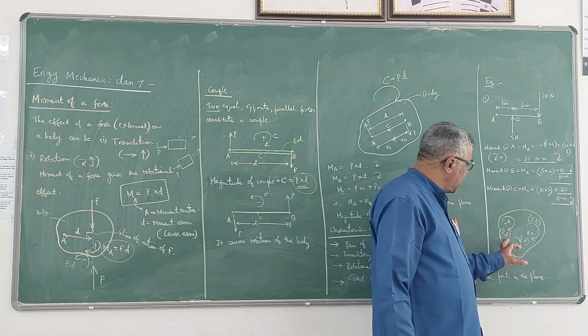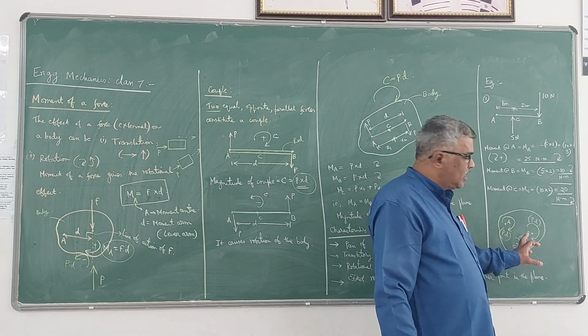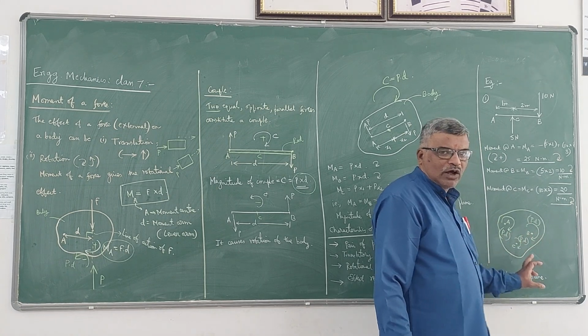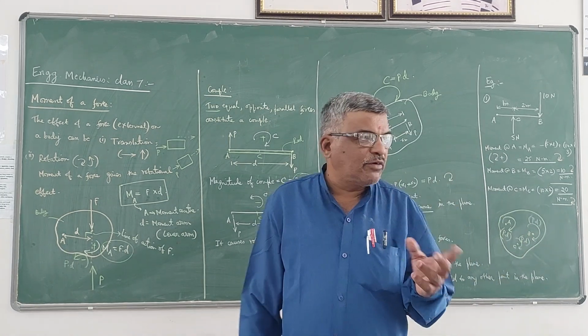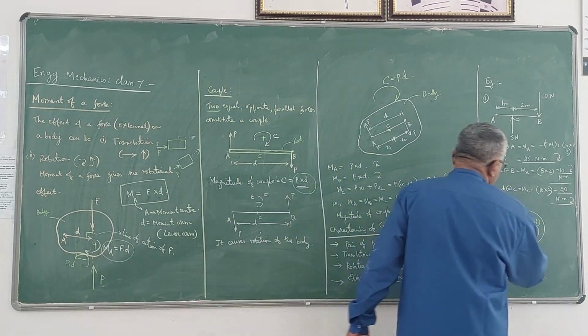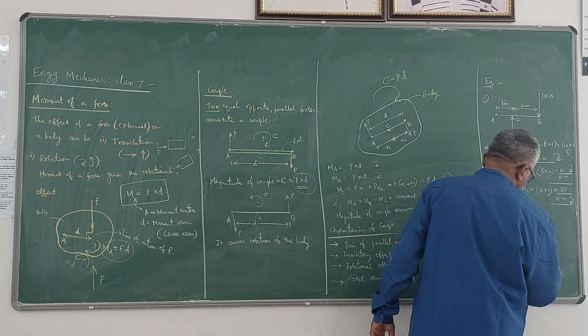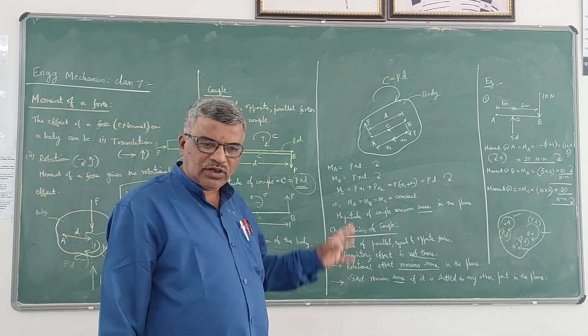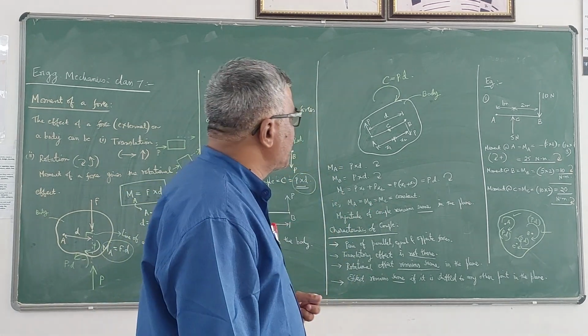So I have taken the P into D moment or couple at three different points in the clockwise sense. So the effect of this and this are the same. That is the meaning of this fourth point. So these are the characteristics of a couple.